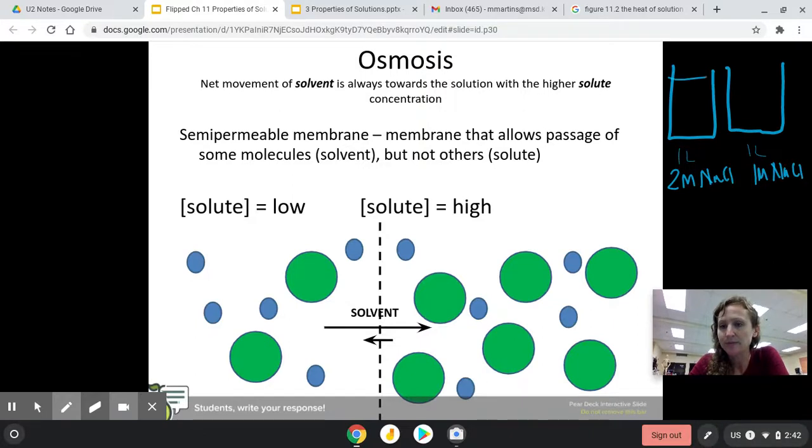Okay, so we have these two beakers. Now, I'm going to connect these two beakers. Let's say these two beakers are connected by a semi-permeable membrane. A semi-permeable membrane is going to allow water to pass through, but not the sodium or chloride ions.